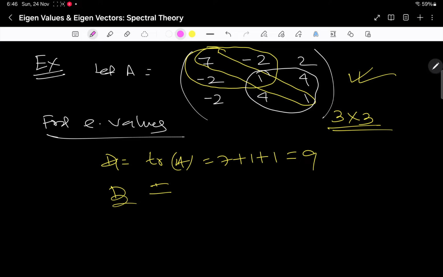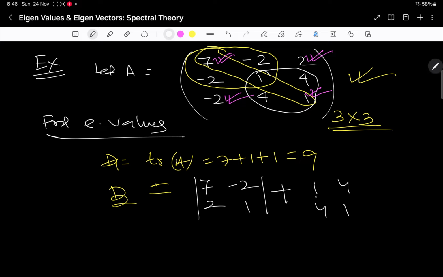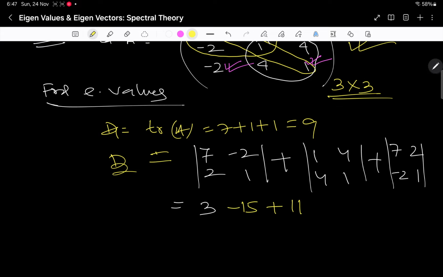So it gives the determinant of 7, minus 2, 2, 1, plus 1, 4, 4, 1, plus 7, 2, minus 2, 1. The determinants we have to add. If you solve it, it is 3 minus 15 plus 11, which is equal to minus 1.